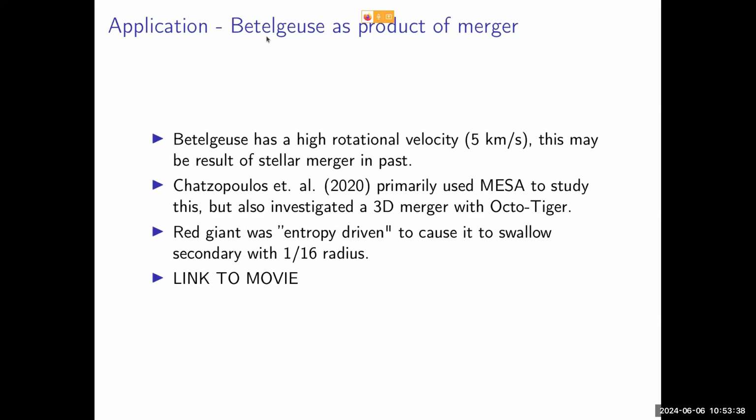So we used a secondary star that was a 16th of the radius. And then we gradually added a small amount of entropy to the giant until it started to merge with the secondary.